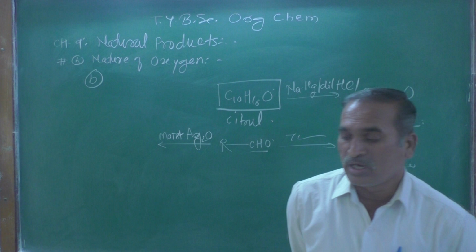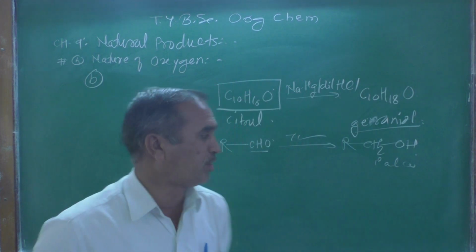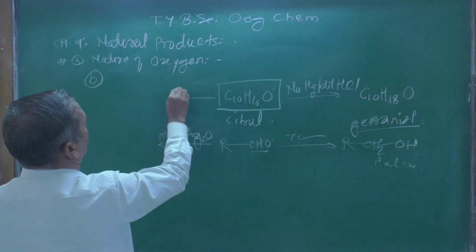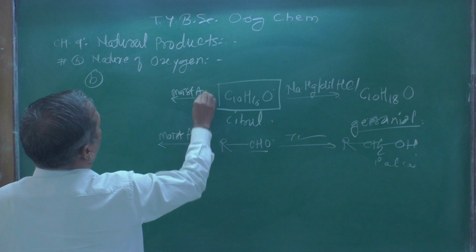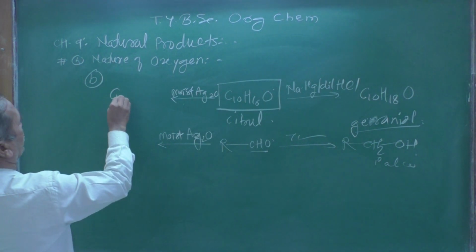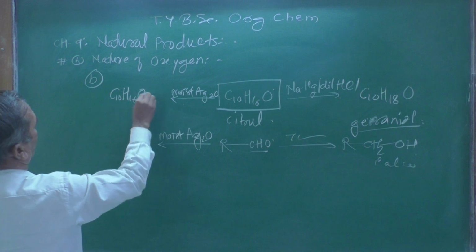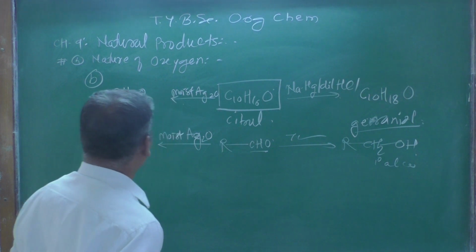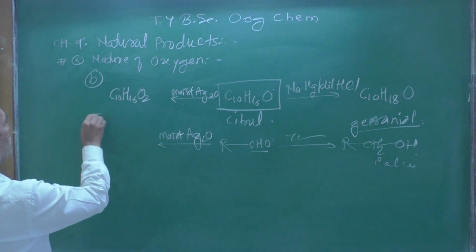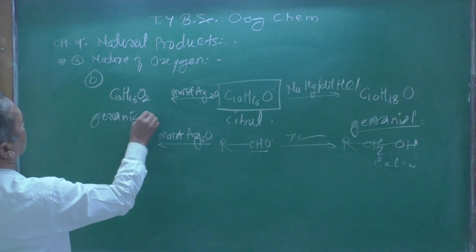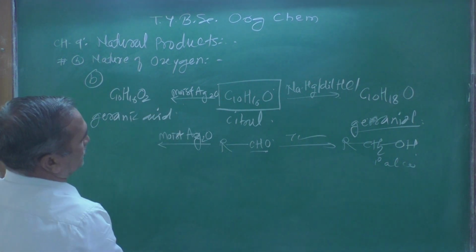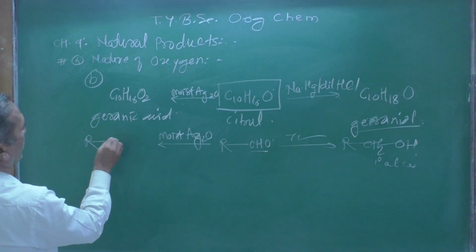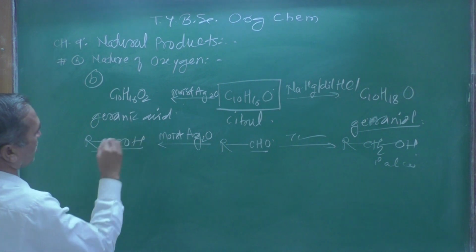will convert the aldehyde group into a carboxylic group, and therefore you are going to get C10H16O2. One oxygen atom is added, and the name of this compound is geranic acid, which we obtain here, with COOH, the carboxylic group.